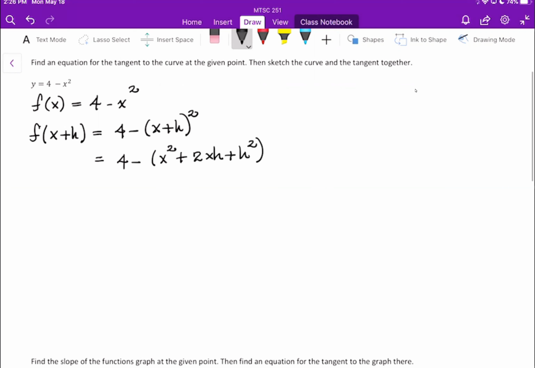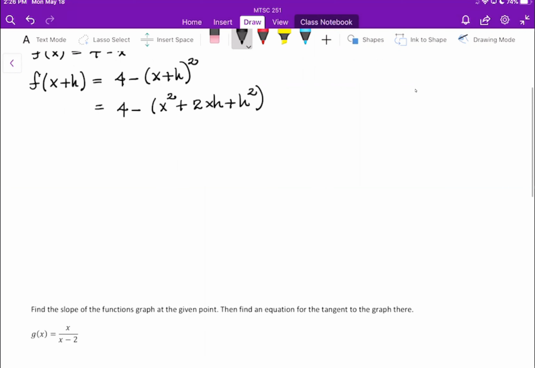So that's the quantity in parentheses. So that gives us 4 minus x squared minus 2xh minus h squared.